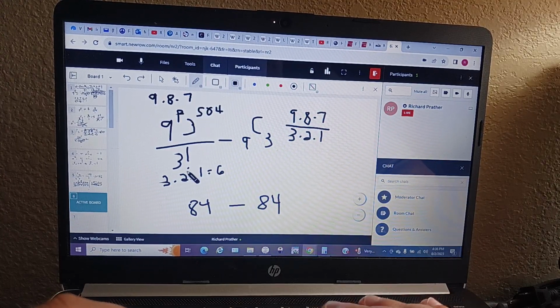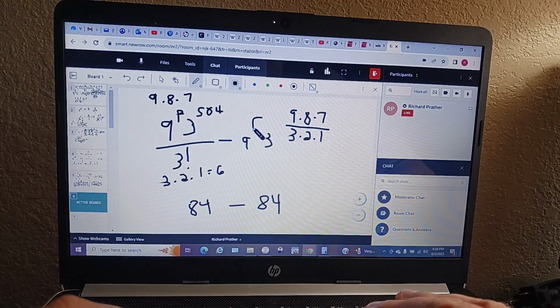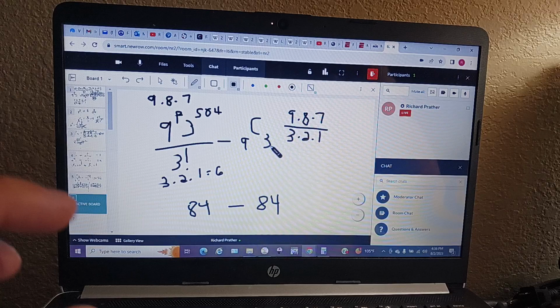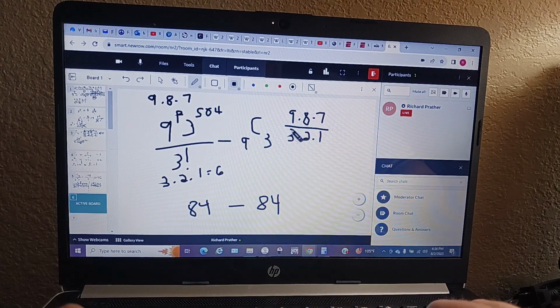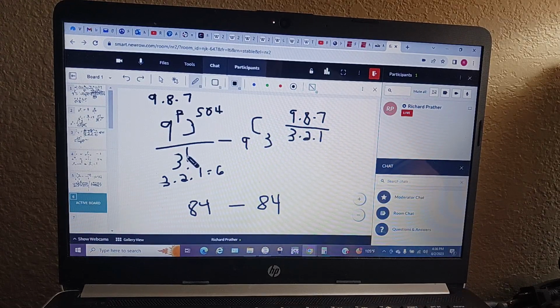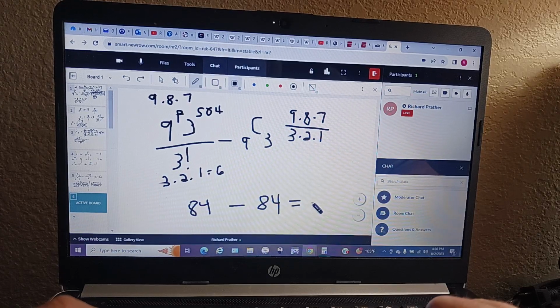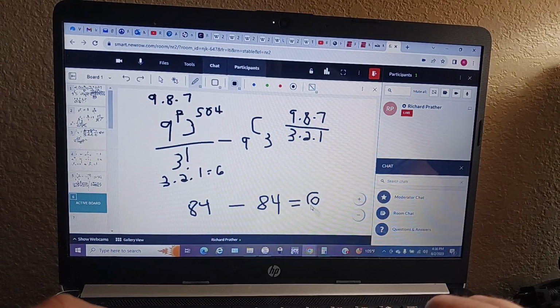If they had given me different numbers here, like 10 combination 5, this wouldn't have happened. But because of the way a combination is calculated, it has that extra 3 factorial in the bottom. So by putting a 3 factorial in the bottom here, it made these answers the same. So that's 0. Anything minus itself is 0.